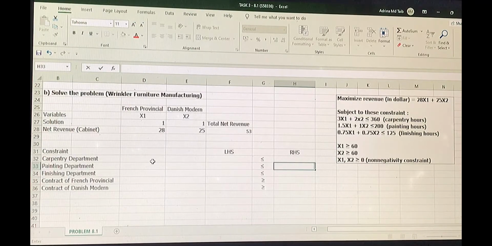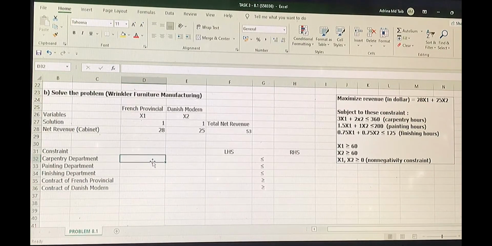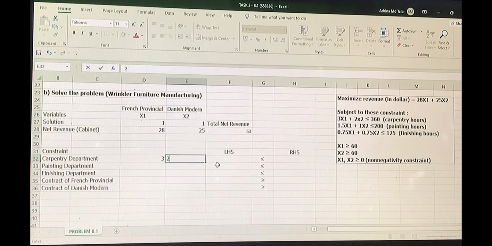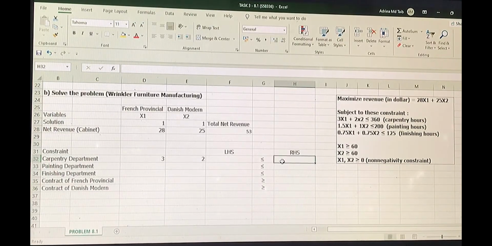So we continue. The first constraint is the carpentry department. For variables x1 is 3 and x2 is 2. The first constraint is 3x1 plus 2x2 less than or equal to 360, so we put 360 at the right hand side.